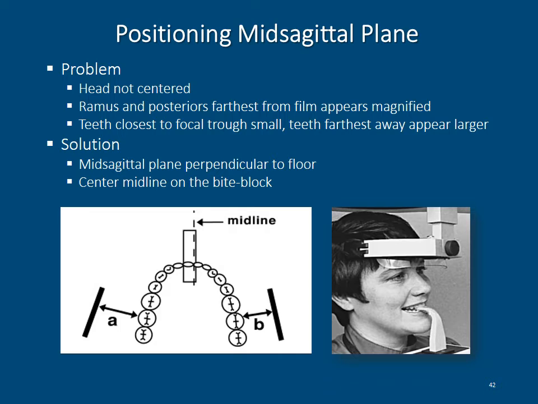The teeth in the focal trough closest or further away from the tube head as it rotates around the face or the head and neck will determine the size of the teeth. In this image, the teeth will appear either smaller or larger depending on the head's tilt towards the panoramic machine as it travels around.